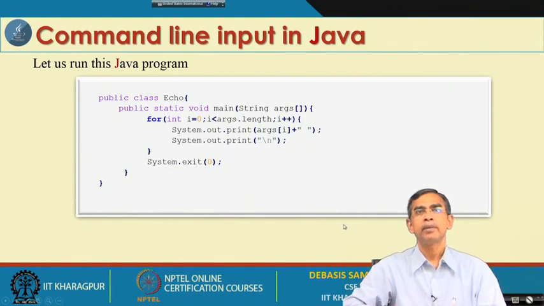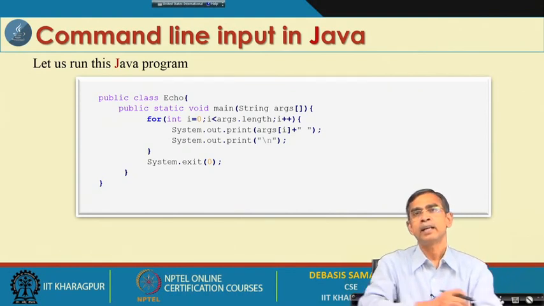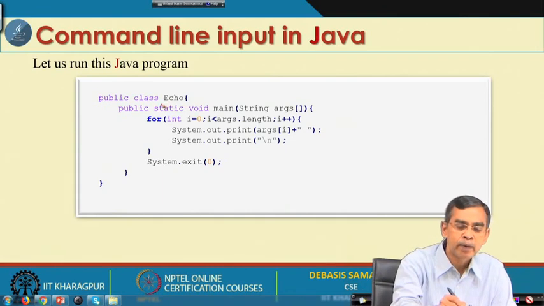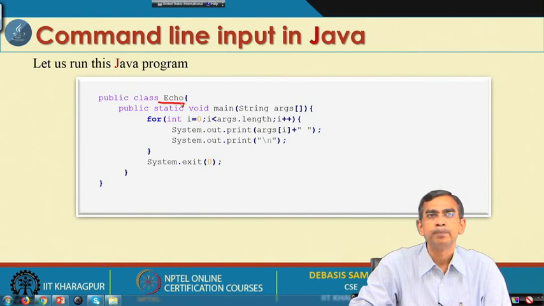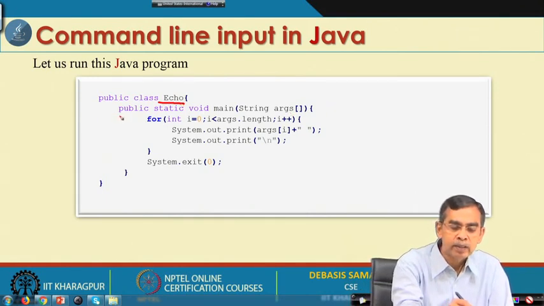If you look at this program a little carefully, you will be able to understand a few more things which we have already learned earlier, and something extra. Here we have defined one class, the name of the class is Echo, and this is the main method as usual.